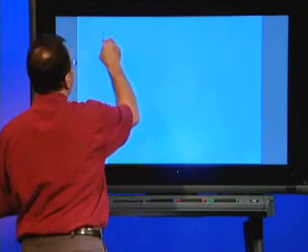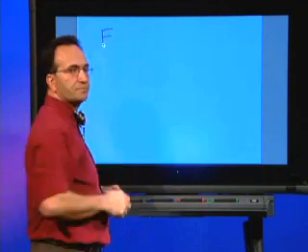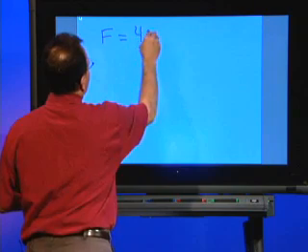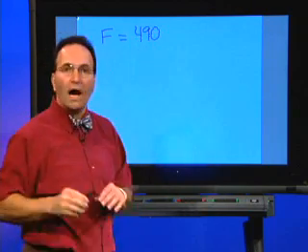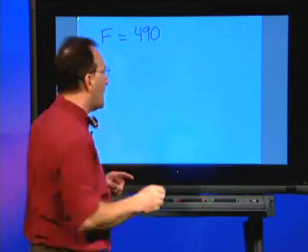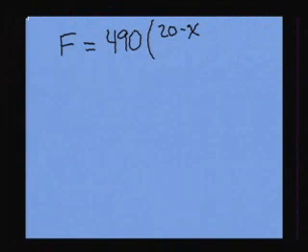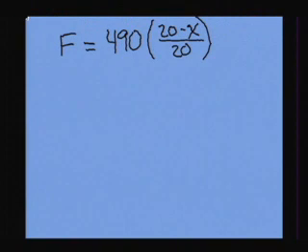So the force will be equal to the weight of the water, 490, but then we have to take into account that at a height of x, we would have the ratio of water as (20 minus x) divided by 20, so that when x reaches 20 meters high, of course, there would be no water left.